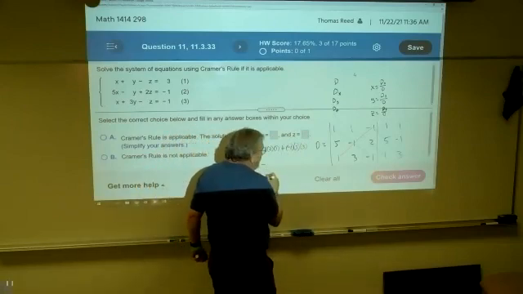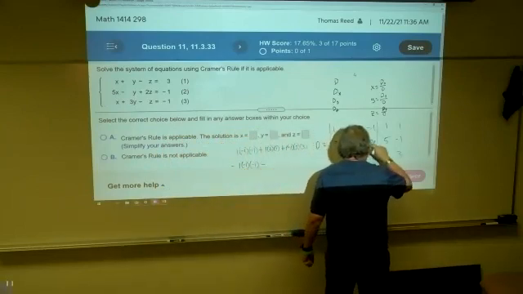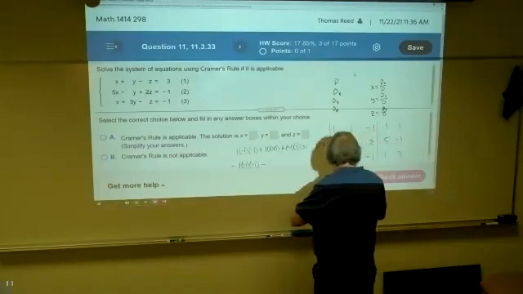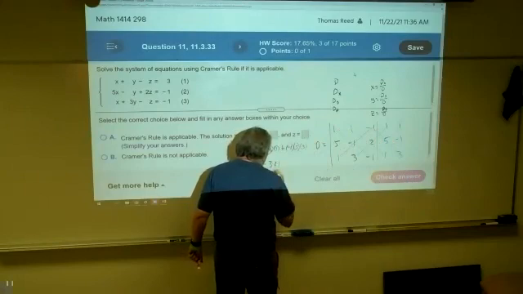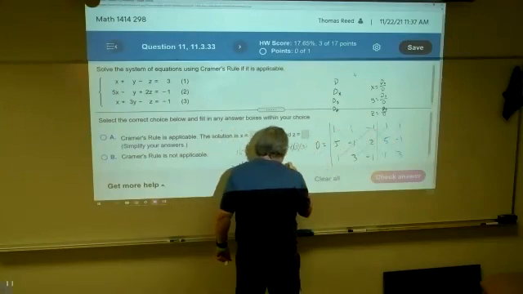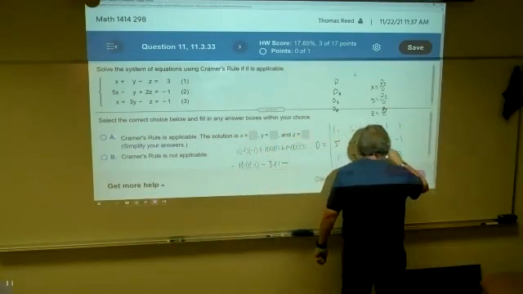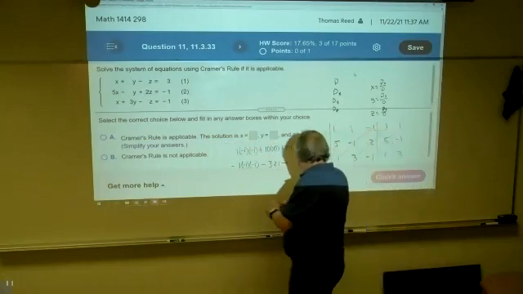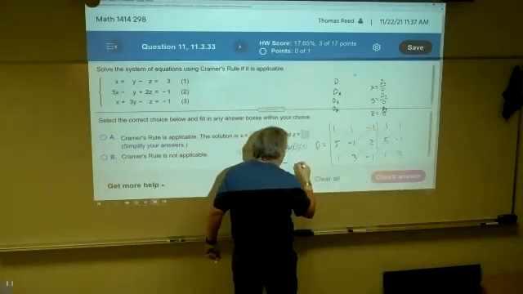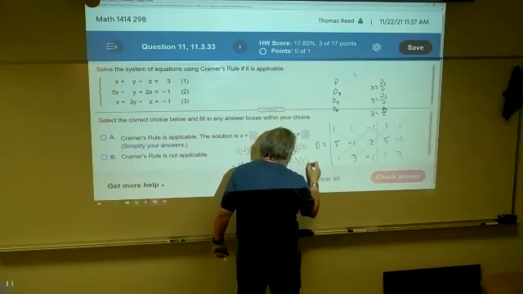And then minus the next diagonal going in that same direction, 3 times 2 times 1, which is 6. And then I'm going to subtract the product of the last diagonal, -1, 5, and 1. So I have -1 times 5 times 1.